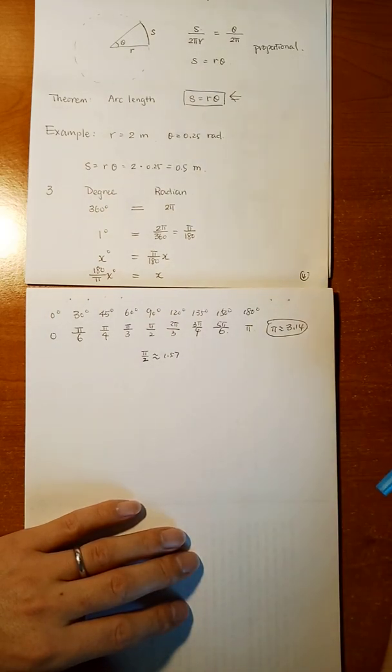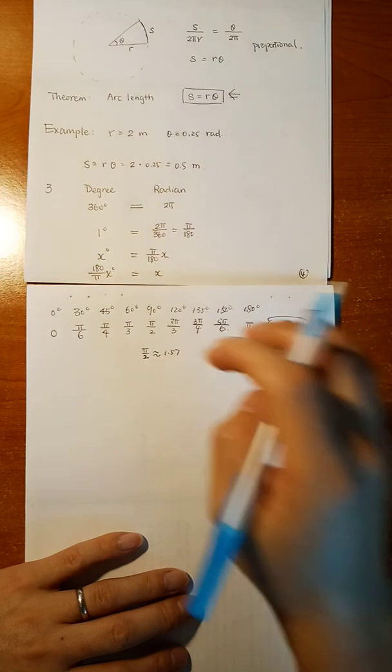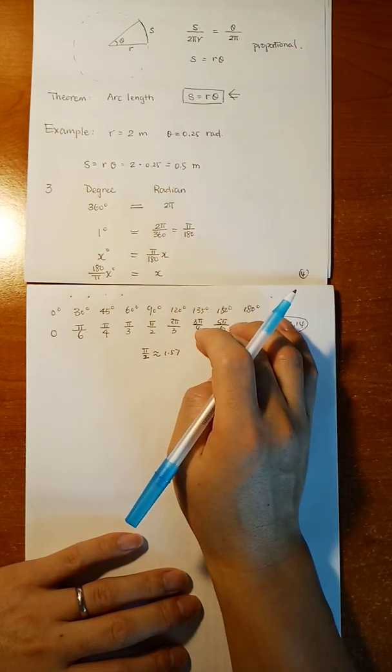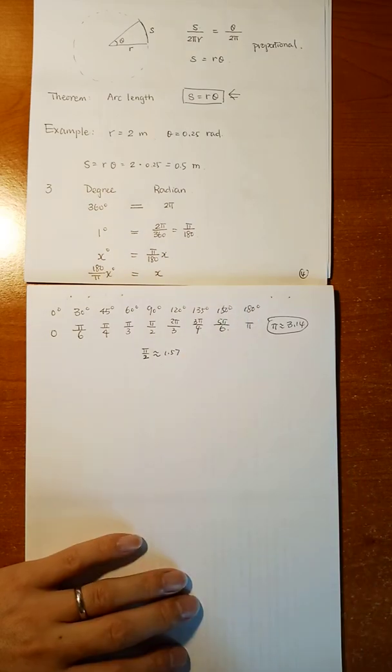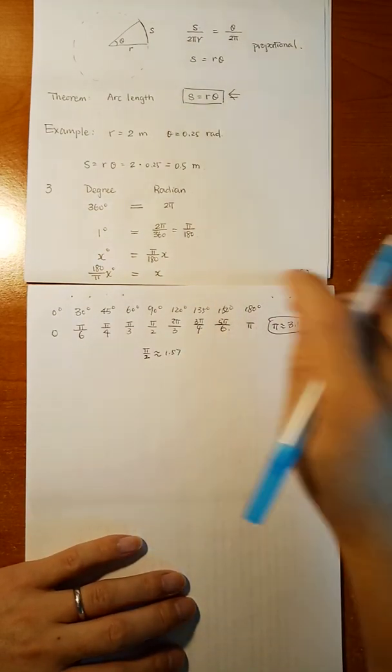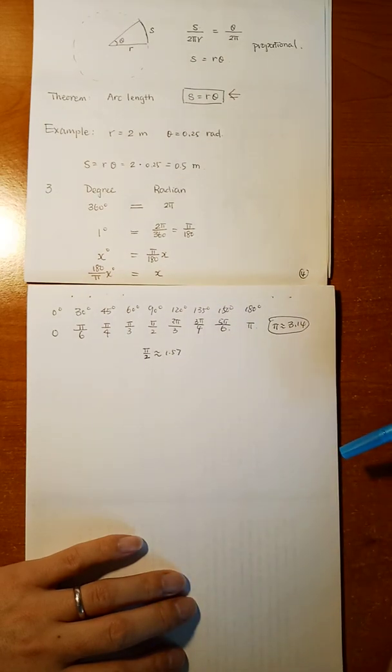If we have a positive degree, then you have a positive radian. If we have a negative degree, you will have a negative radian. And the positive and negative both depend on the orientation, the rotation direction.